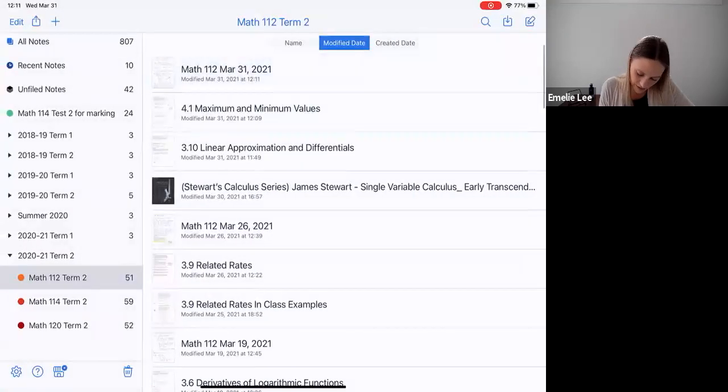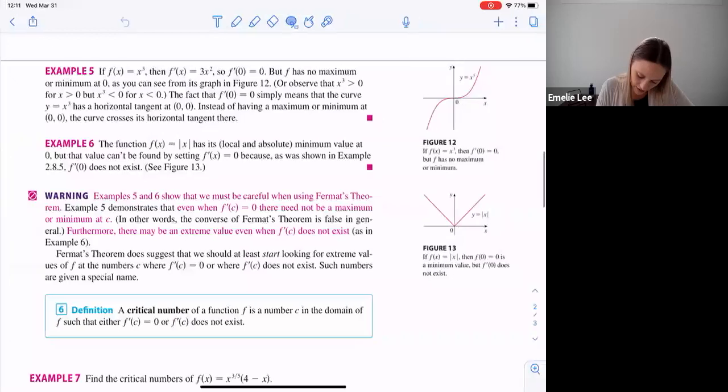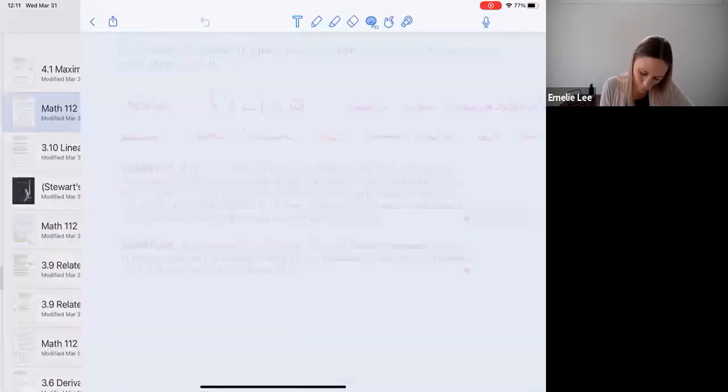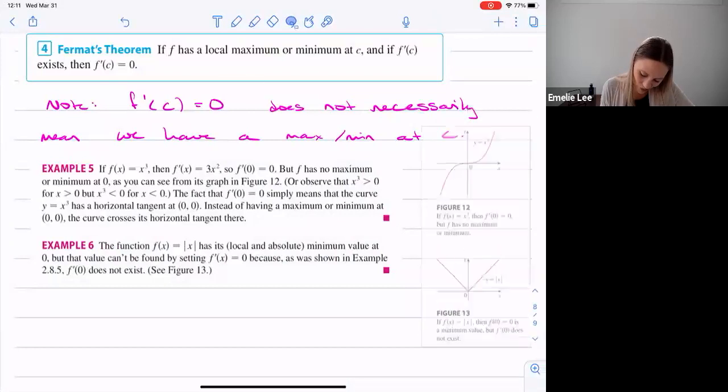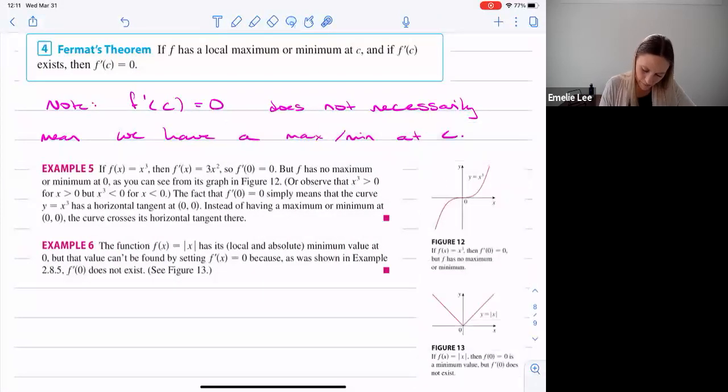And I'm going to bring in the graph, because it helps when you can see the graph too. Okay. So if we think about something like x to the power of 3, it's differentiable, right? It's continuous. And the derivative is 3x squared.